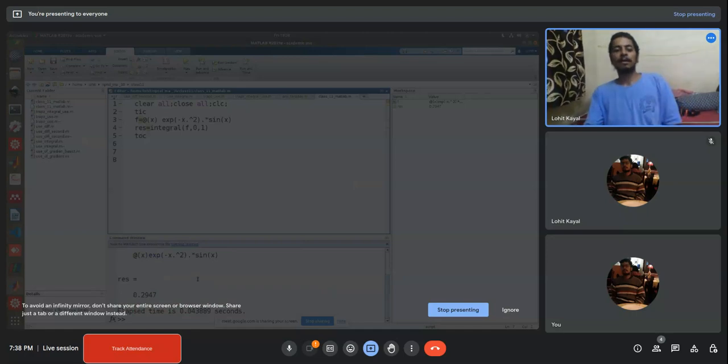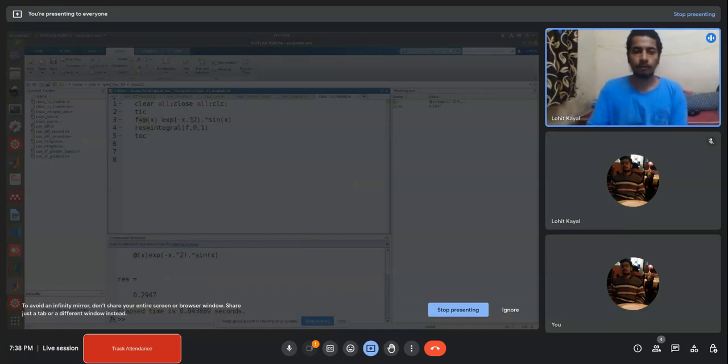Right. So yeah, I told it wrong. For the functional form also you need to use dot square and dot star. Okay, you do not need to do it for the symbolic computation.